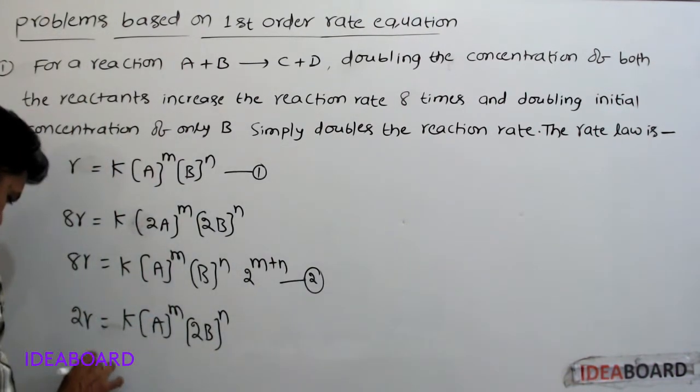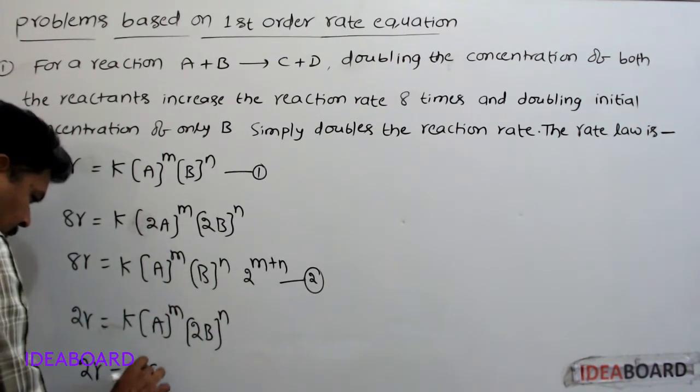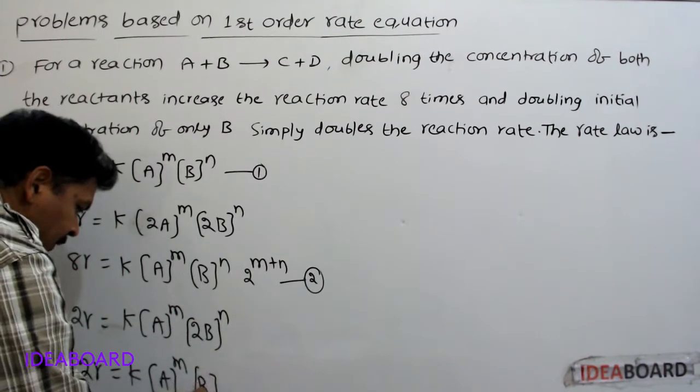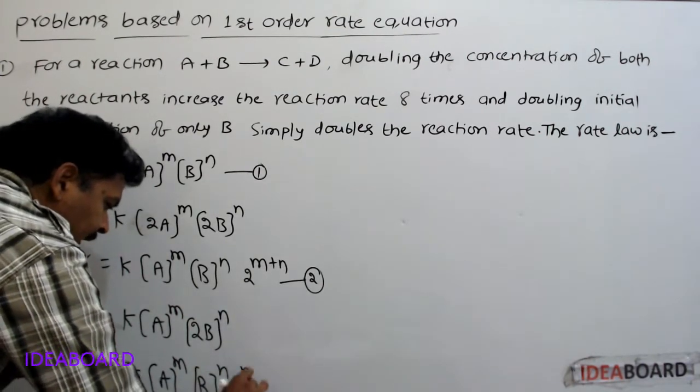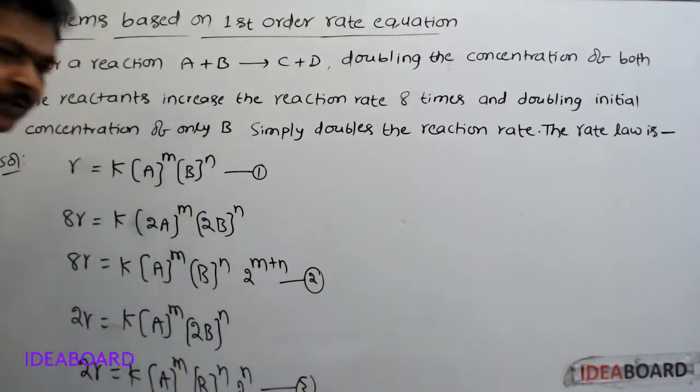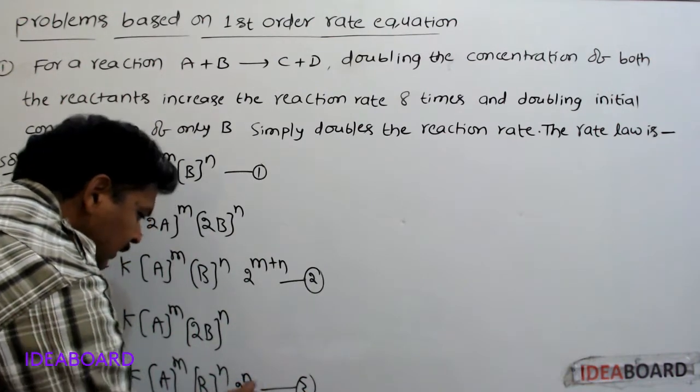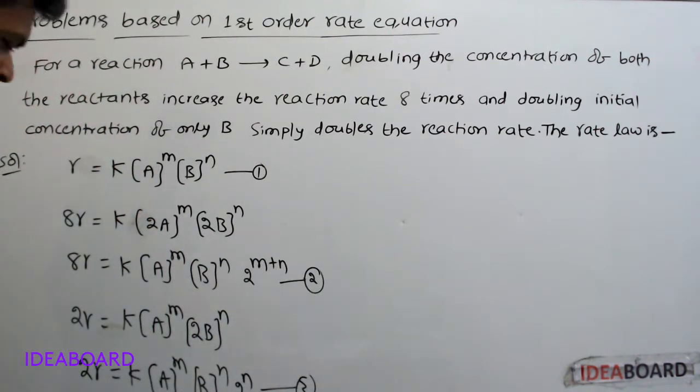This I am writing like this: 2R is equal to K into A concentration power m into B concentration power n into 2 power n. This is the third equation.